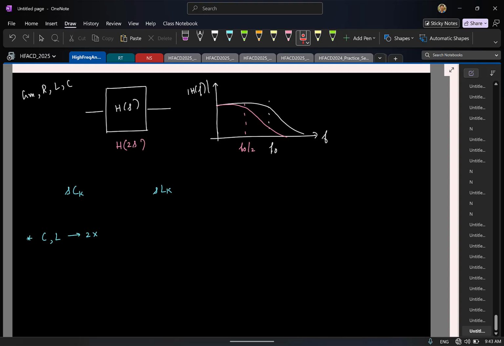Conductance. So you will have sC times something. What will be that term? Some R, right? Might be some Rk, or it could be a transconductor. So you can have sCk by gmk. Same thing with the inductor, you will have sLk by Rk, or you will have sLk times gmk. Correct?